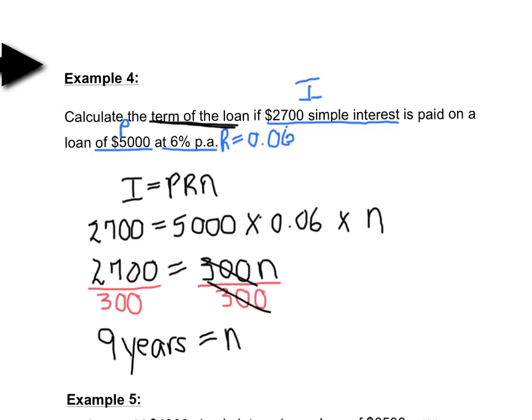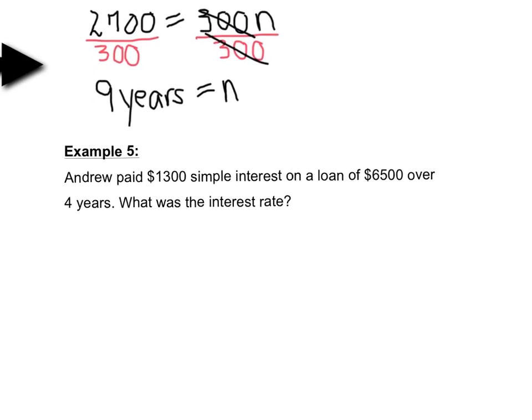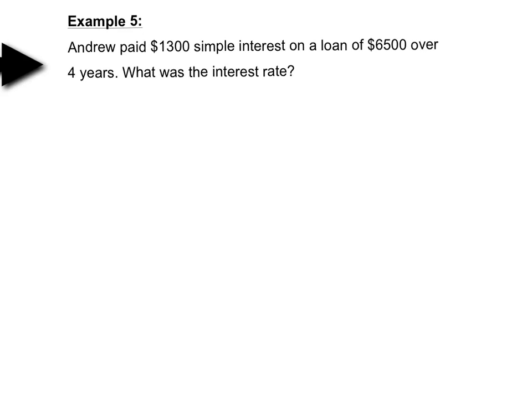Last example. Example 5. Andrew paid $1,300 simple interest. So they give us the amount of interest on a loan of $6,500. That's the principal over 4 years. So the number of time periods, 4 years.